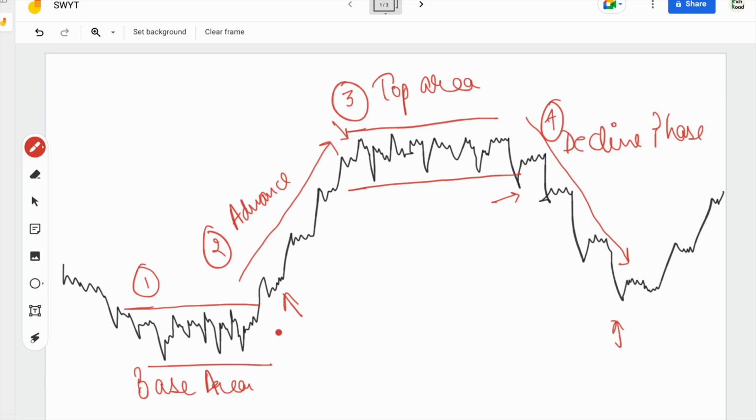Same thing goes here. But the question is, how do I know the given area is a base area, not a top area? This could have turned out to be a base area as well. This advanced area could have been a fake breakout and again come back down. So there are a lot of things not explicitly covered. And that is where my job comes in, to make you understand this.